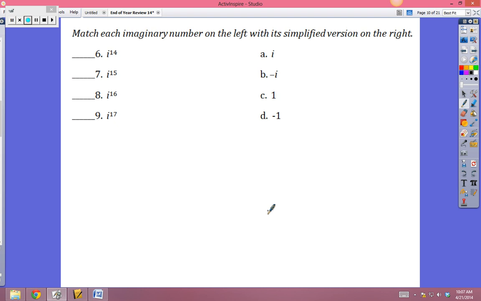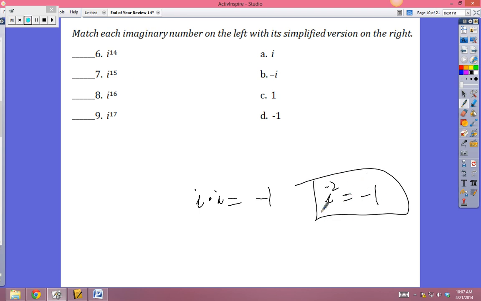Okay, imaginaries. Imaginaries multiplied, you got to remember this, an imaginary times an imaginary is going to turn real. So if you have an even amount of them, it's always going to be real. I times I is going to be a -1. So I squared is equal to a real number, and that's a -1. So if you've got 14 i's, how many squares are in 14?